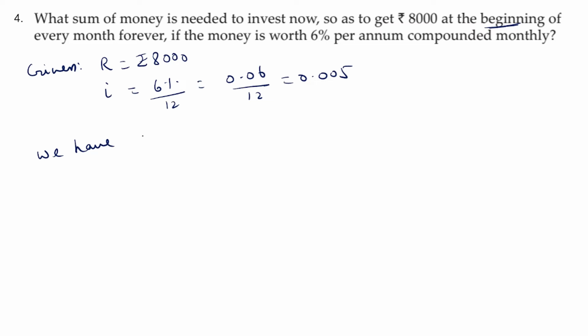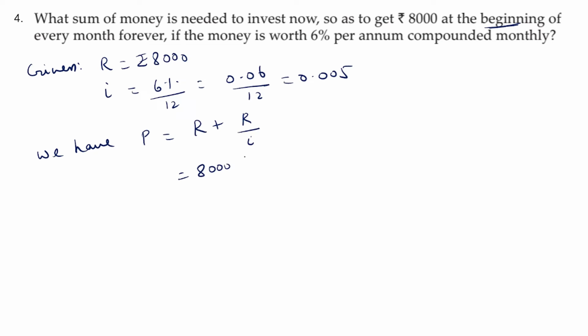We have P is equal to R plus R by I. Since here we need to get rupees 8,000 at the beginning of every month forever. So we need to find present value of perpetuity when the payments are made at the beginning of each period.